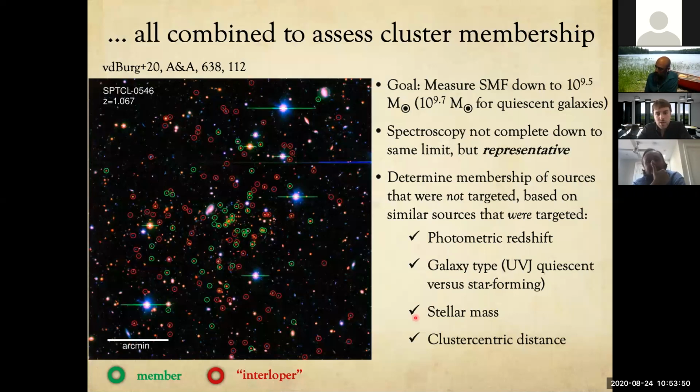Stellar mass, because the contrast of the cluster against the interlopers is a function of stellar mass, and also of cluster center distance. So the closer you are to the cluster, the more likely you are to hit a cluster galaxy than when you go further out. All this combined allows us to estimate which galaxies are actually part of the cluster and which are interlopers.